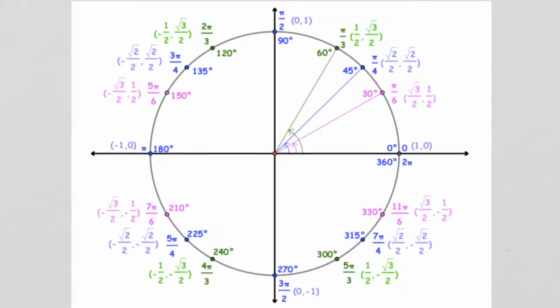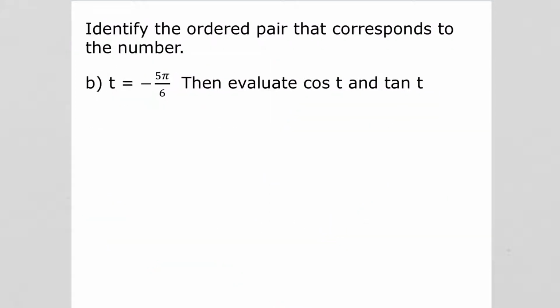But 5 pi over 6, let's use a different color. 1 pi over 6, 2 pi over 6, 3 pi over 6, 4 pi over 6, 5 pi over 6 is right here. So the point with 5 pi over 6 is negative root 3 over 2, negative 1/2.